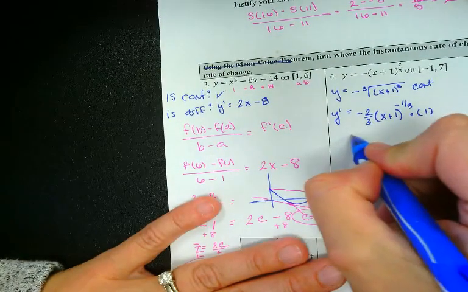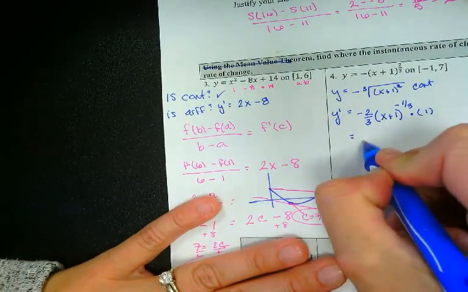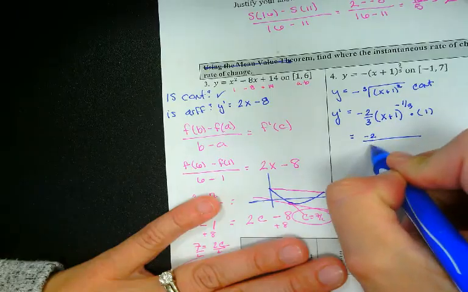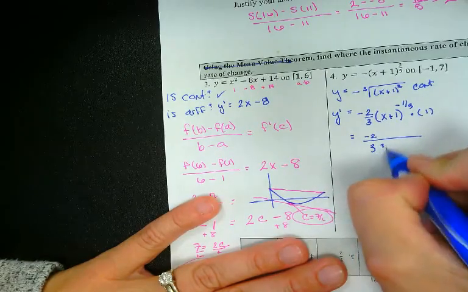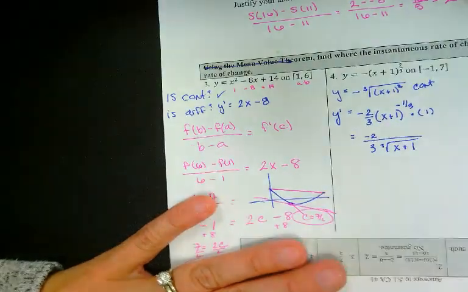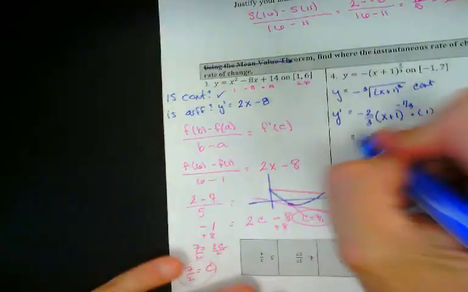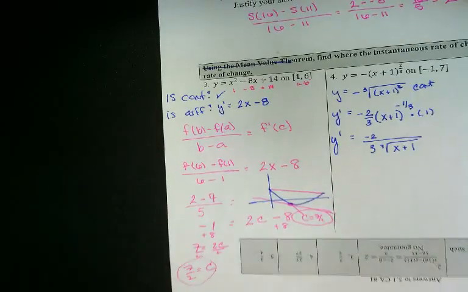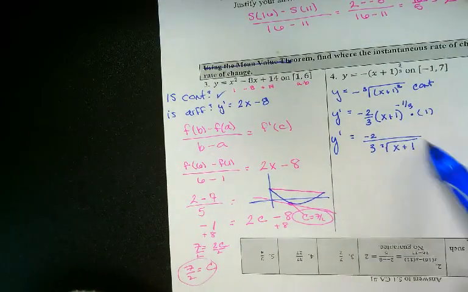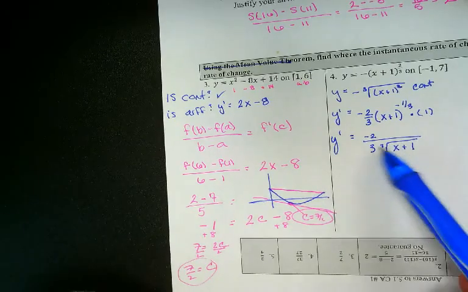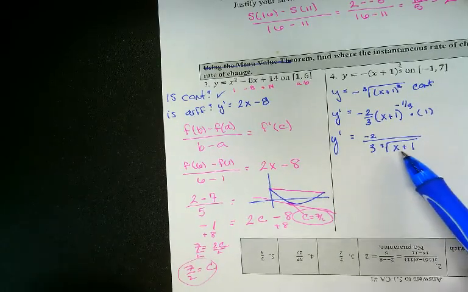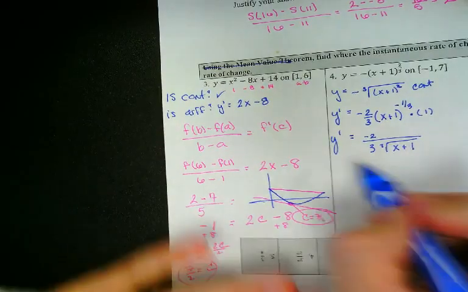Okay, and then I'm going to rewrite this for myself because I don't ever leave negative exponents. So I have negative 2/3, and I'm going to move this cubed root of x plus 1 to the denominator. Okay, again, so this is my derivative. Is there any number I'm not allowed to plug in here? No, I can take the cubed root of everything, so I know it's differentiable.